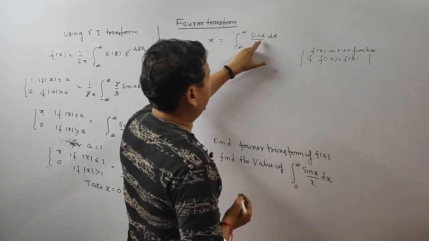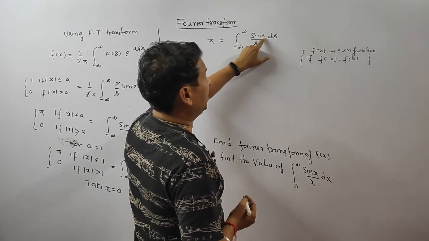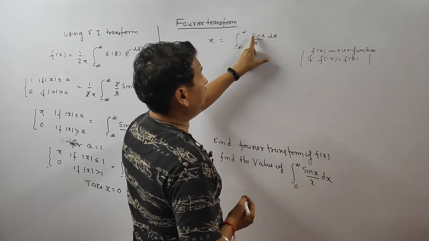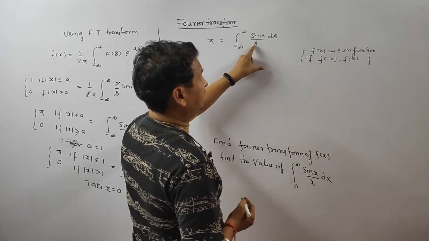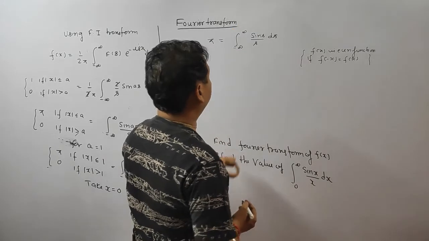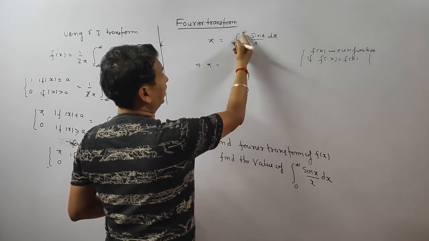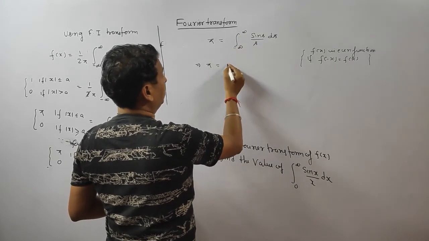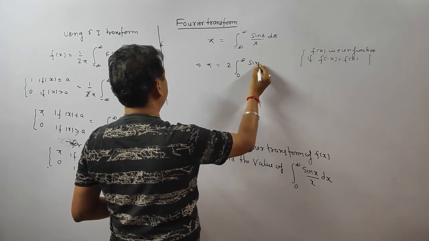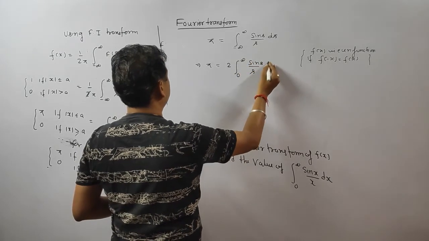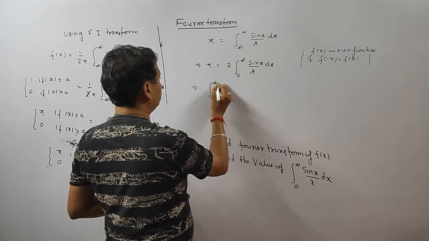So sin s by s is an even function, because in place of s if you put minus s, then sin of minus s is minus sin s, and again the denominator is minus s, so minus minus cancels, and we get the same function. So it's an even function. What is the value? Using the integral property, it becomes twice the integral from 0 to infinity. So what is the integral value?